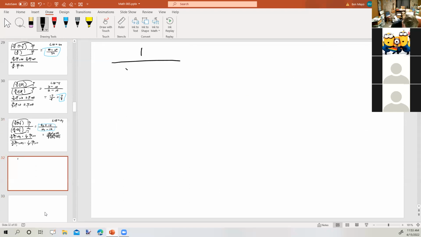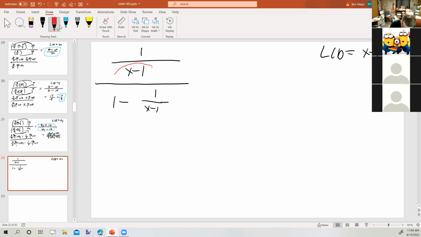1 over x minus 1, all over 1 minus 1 over x minus 1. So now the LCD is x minus 1, because you've got this denominator and the implied 1 denominator there.